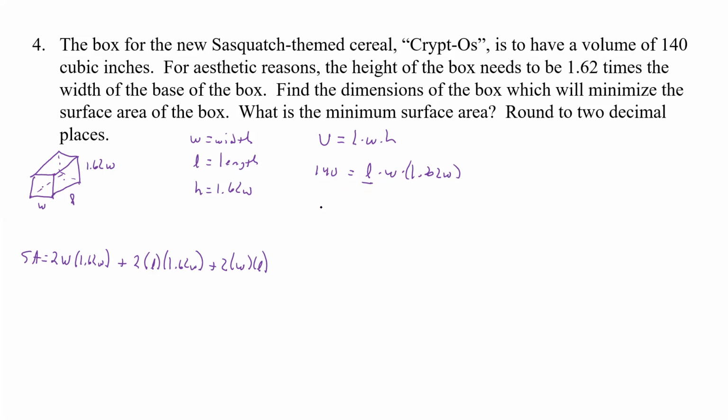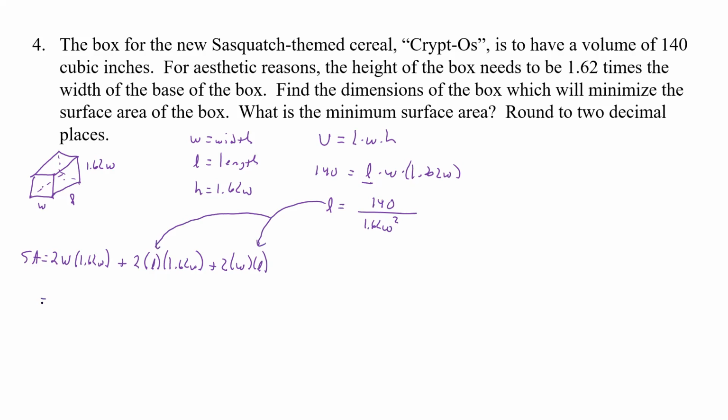So I'm going to say L is equal to, well, how do I solve this for L? I'm going to take 140 divided by W times 1.62 W, so it's going to be 1.62 W squared.